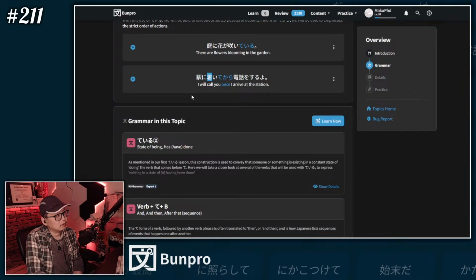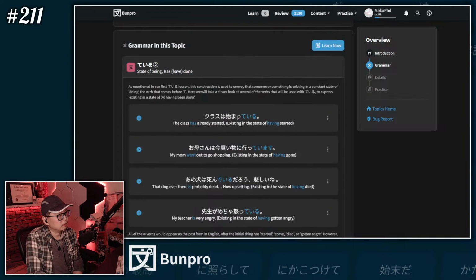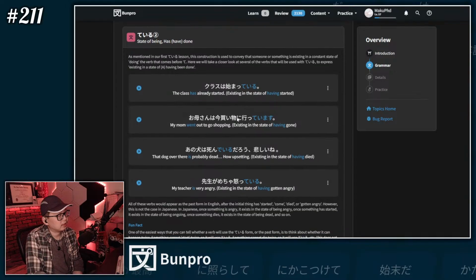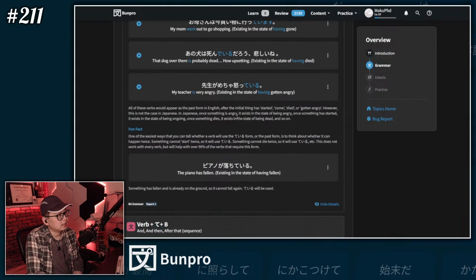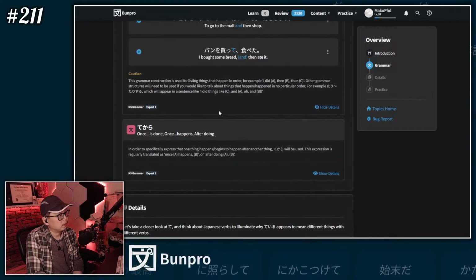Sometimes I misinterpret this for a different use, a wearing use, and not an arriving use. Alright, we got teiru, second one. Yeah, state of being, has, have, done, right? Appropriate one.